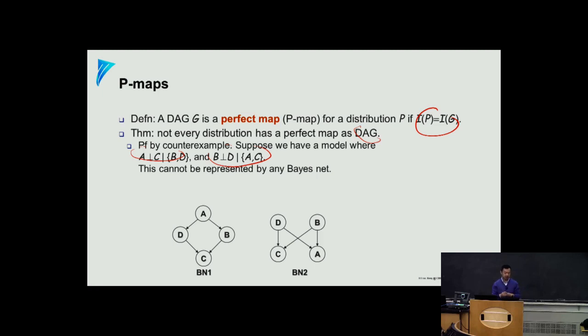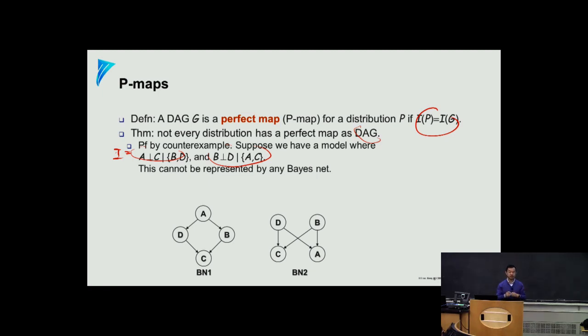These are two graphs which are DAGs. And now you can tell me, do they honor these two sets of independencies? Let's call this I, for example. And I have a P which honors only these two sets of I's. I can actually create such a P, such a distribution.